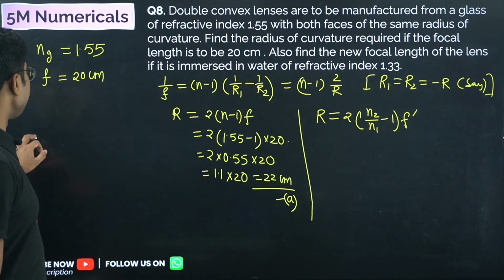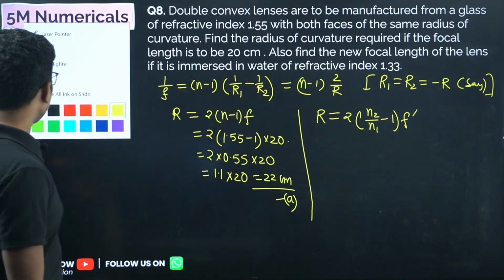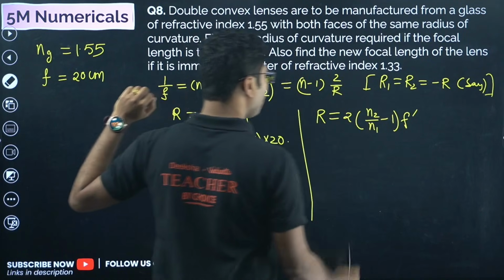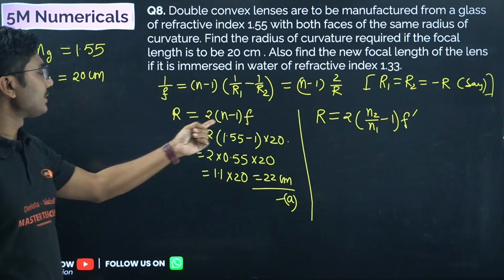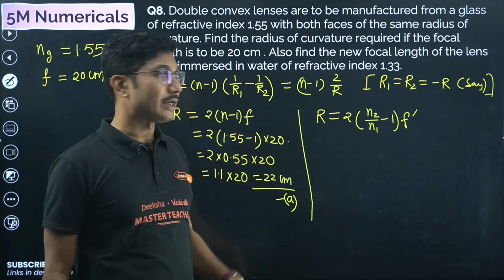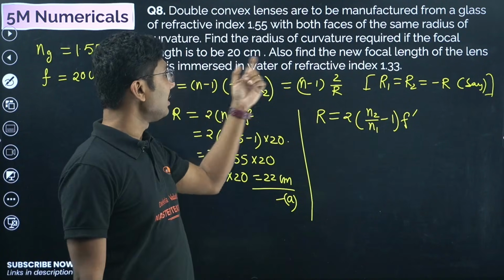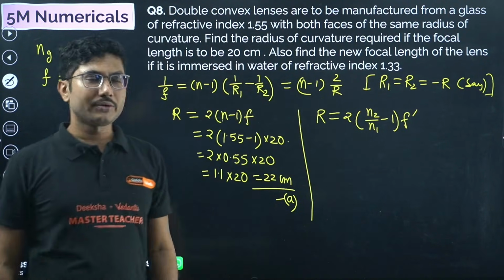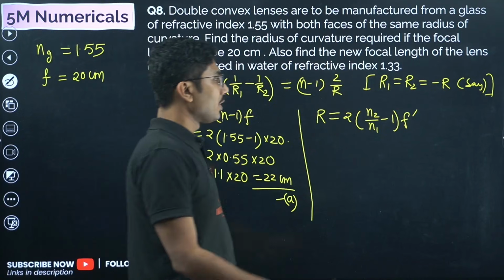This one we already have proven. The only thing you have to do is that the refractive index is no longer with respect to air, so you have to divide by the new refractive index of 1.33. That's it.